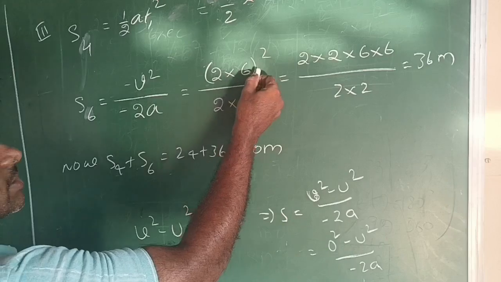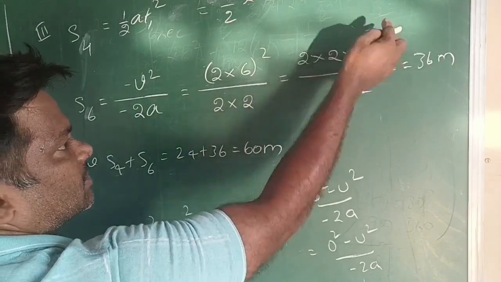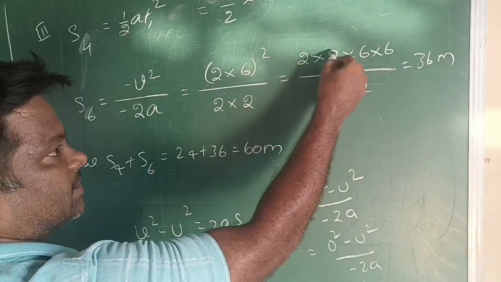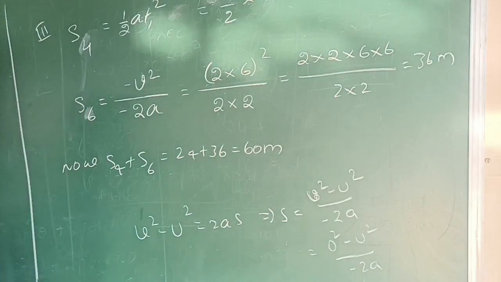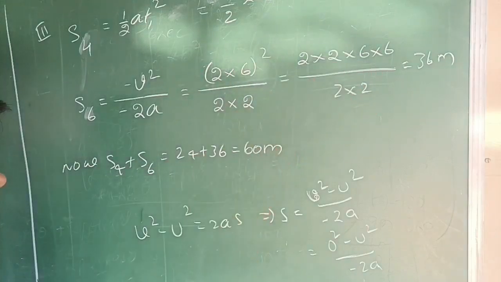So 2 into 6, 2 into 6, divided by 2 into 2, which is the acceleration. By cancelling, you get 36. What is the total journey? S4 plus S6, that is 24 meters plus 36. How much is it? 60 meters. So we got our answer.